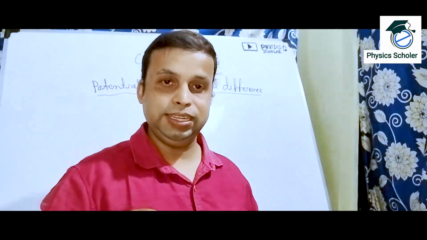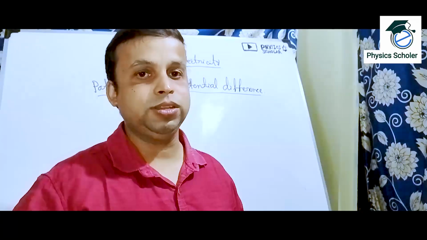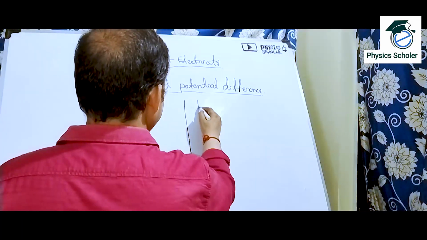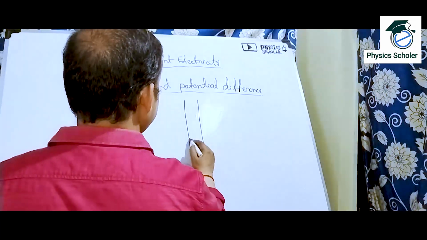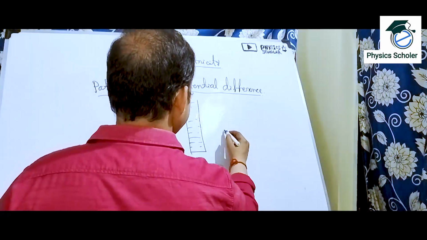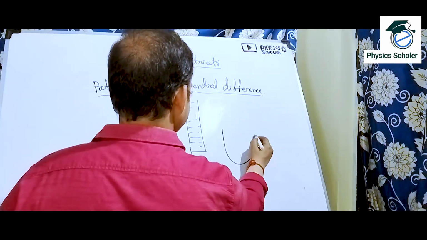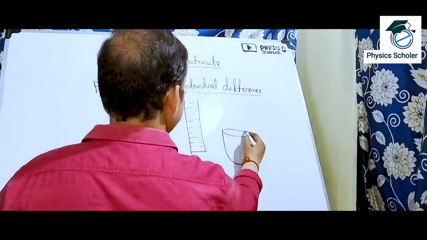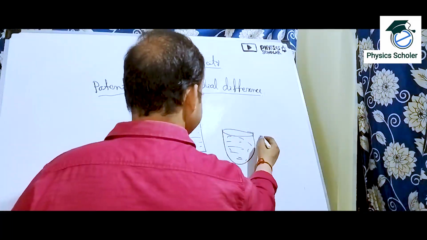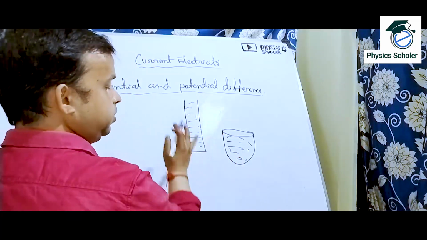Actually, what is potential? How can you understand it? Suppose this is a tube, and it is full of water. And there is a pot which is also full of water, but its height is lesser and the height of the water column in the tube is higher.